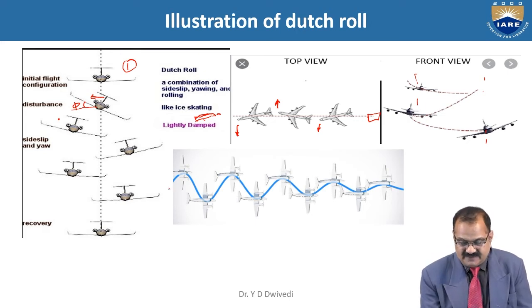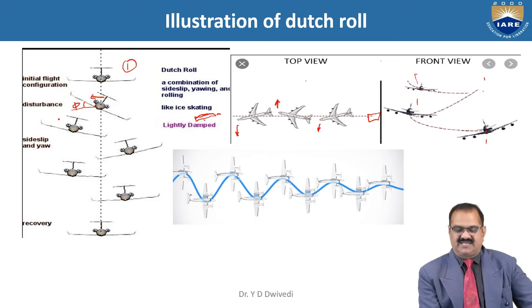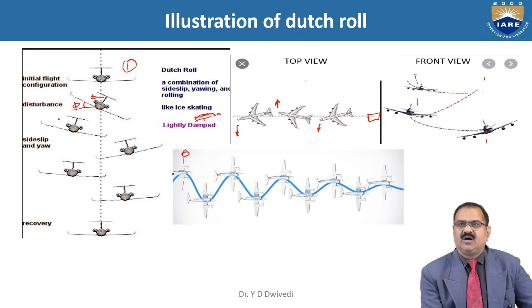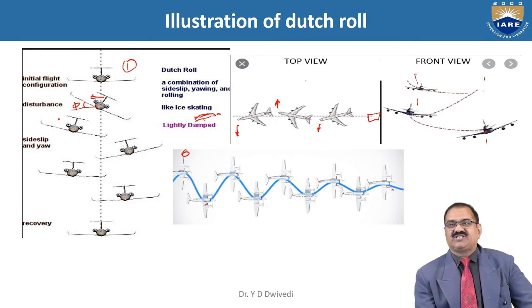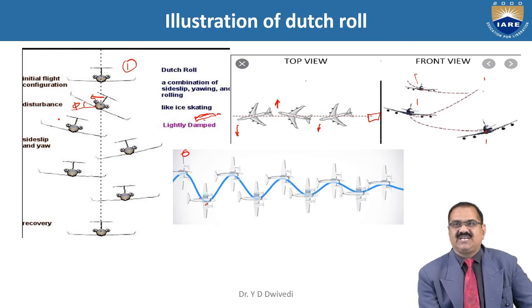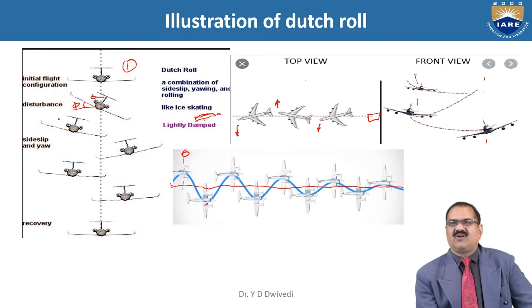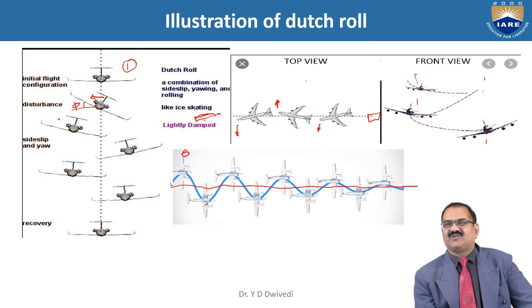You can see another diagram here. The aircraft is in this position, it is going here, again it is going here, and slowly the amplitude is coming down. If you make a center line from here, you will see that here the amplitude is very high, then a little lower, lower, and slowly it comes to the same line.